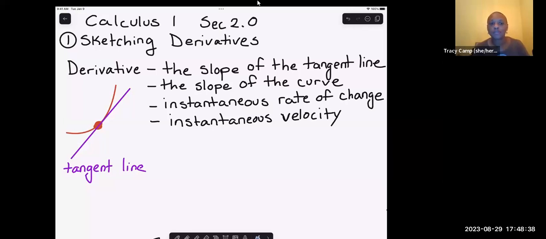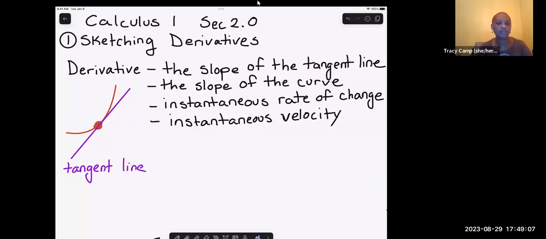You can also think of the derivative as the slope of the curve. Intuitively think of slope as meaning steepness of a line or steepness of a curve. If you're dealing with a function that represents some situation in the world, then the derivative represents instantaneous rate of change.